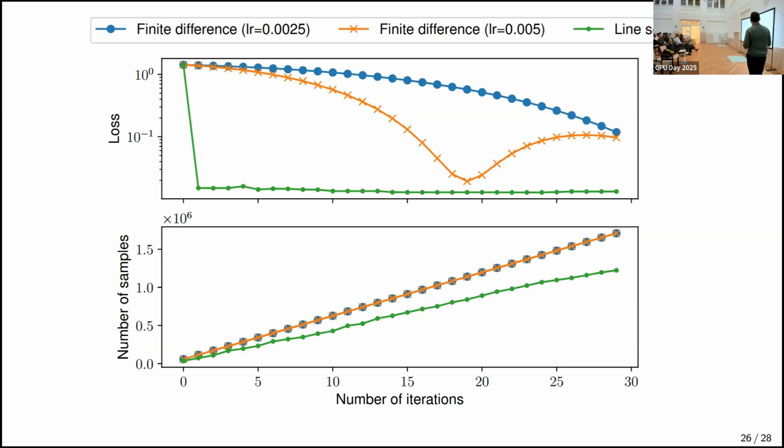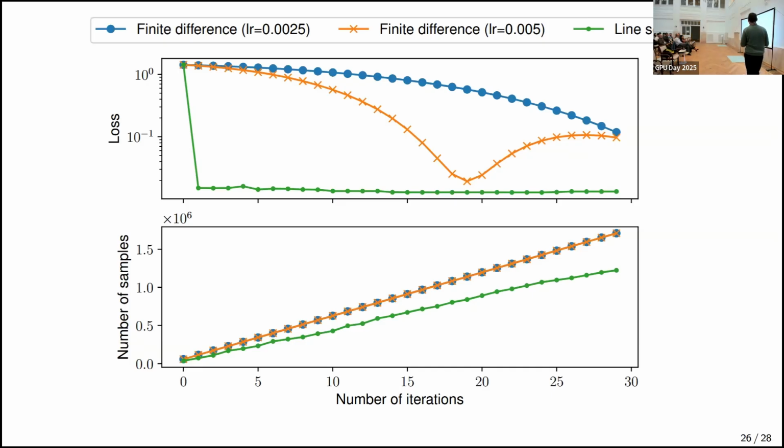Here you can see that with a smaller learning rate, it learned, but slowly. If I adjusted the learning rate to be bigger, then it essentially reached some minimum, and then it jumped back. So seemingly, increasing the learning rate doesn't solve this issue.